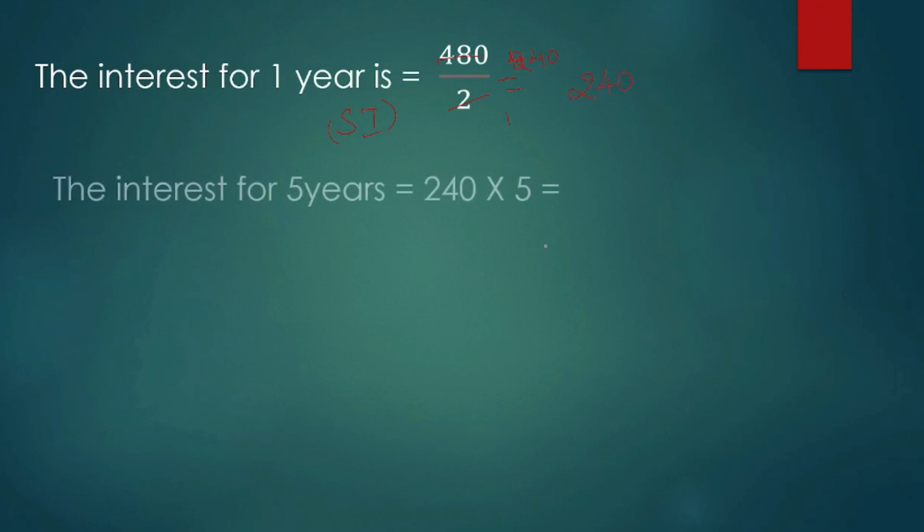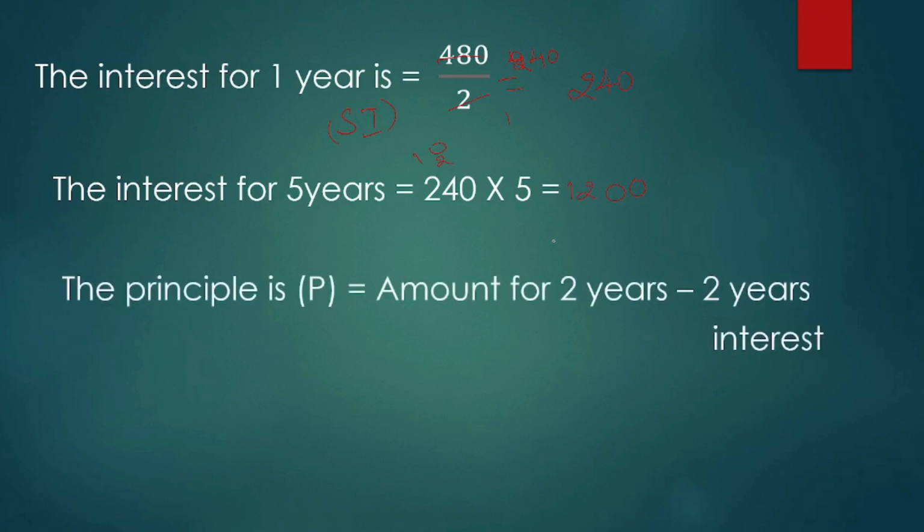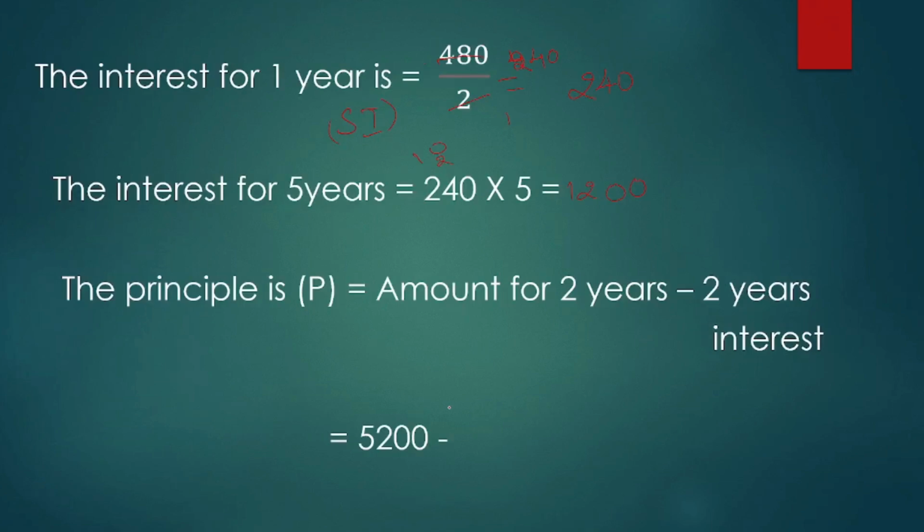Then for 5 years, 240 into 5: 5 zeros are 0, 5 fours are 20, 5 twos are 10, and 2, that is 1200. So with this we can find the principal: amount minus 2 years of interest, that is 5200 minus 1200.